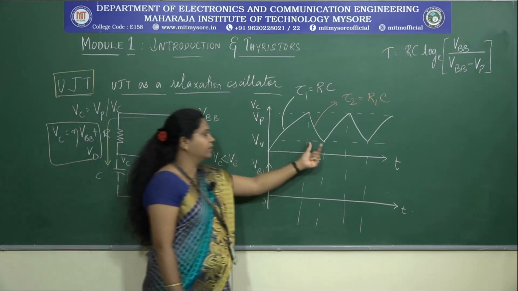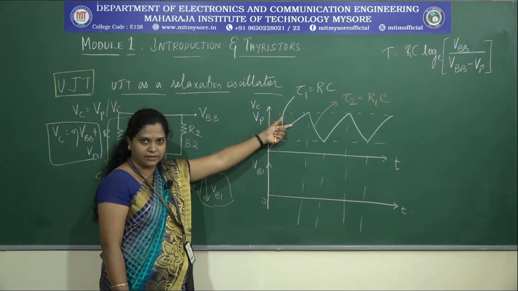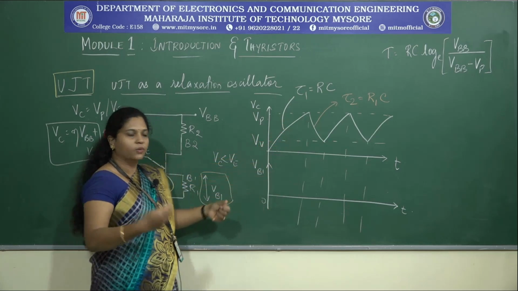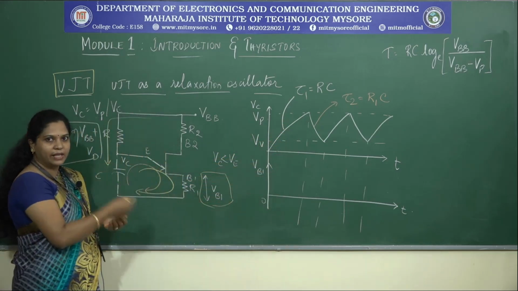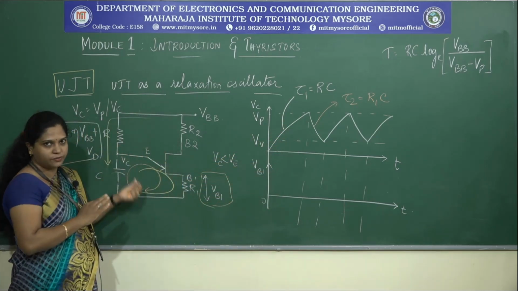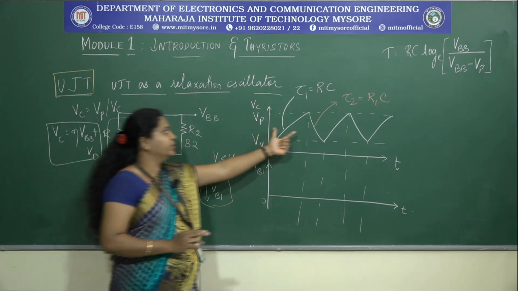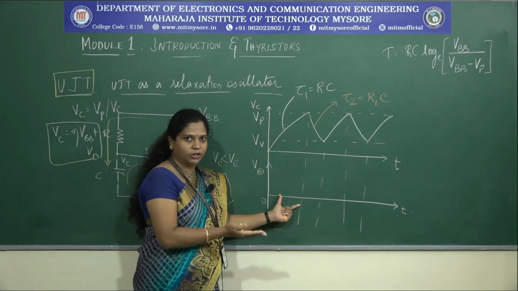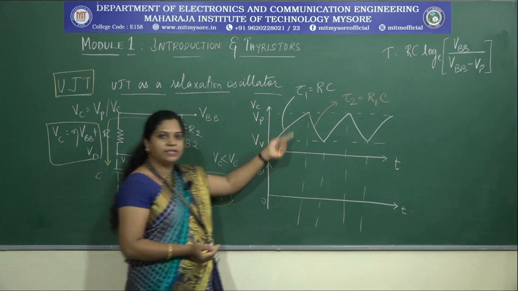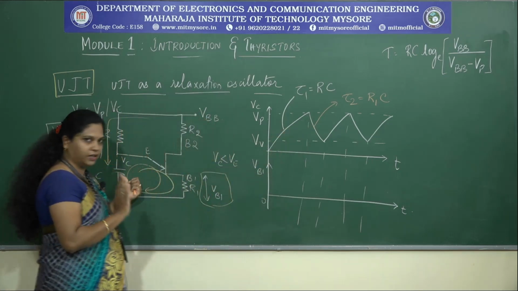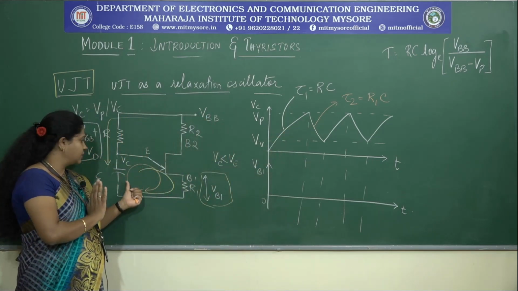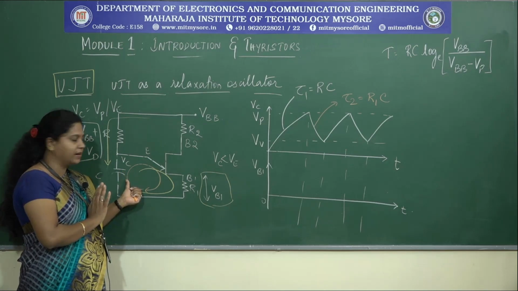So, what will be the output voltage now? During the charging of the capacitor, on its parallel plates there is going to be accumulation of charges. So, during this time we are not going to turn on the UJT. When the capacitor is relaxing, discharging, the capacitor has already stored its charges on its parallel plates.